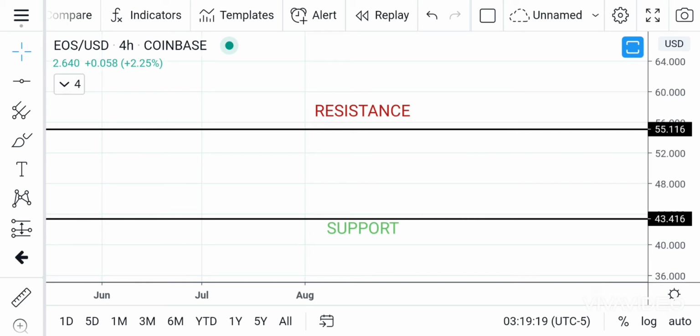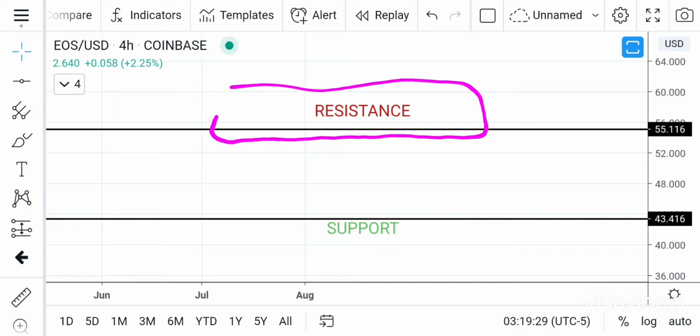First, I also want to use this video to explain the concepts behind support and resistance. Resistance is an area on your chart that resists, that does not easily allow price to go through it.